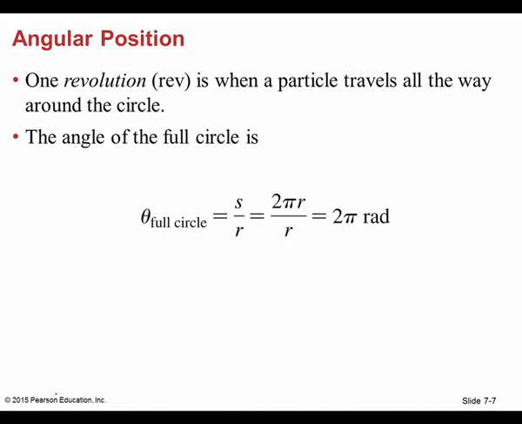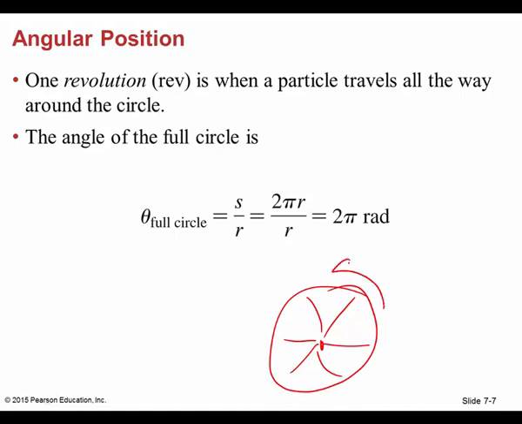So when we look at revolutions, and of course, what is a revolution? Well, you've got an object moving in a circle, like a bicycle wheel or the spokes of a tire. You have an object moving in circular motion.